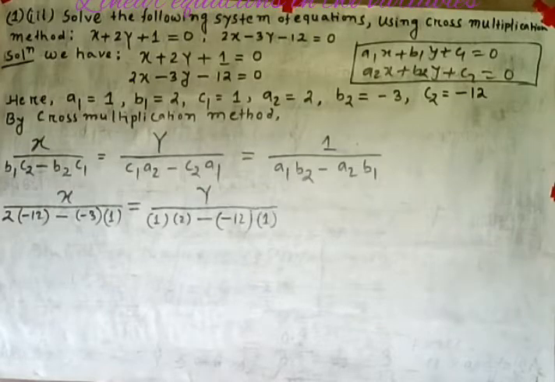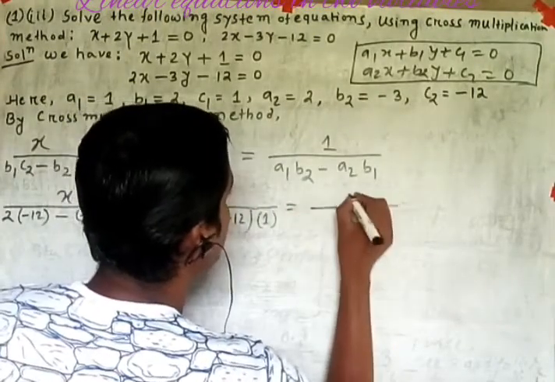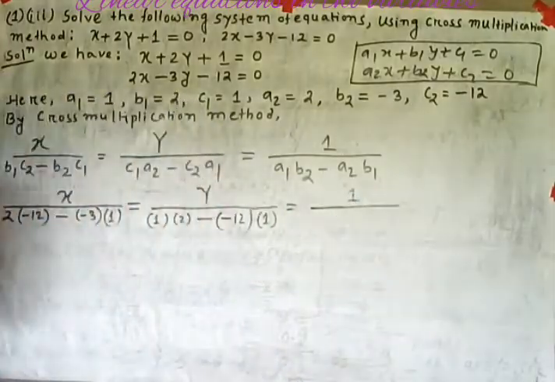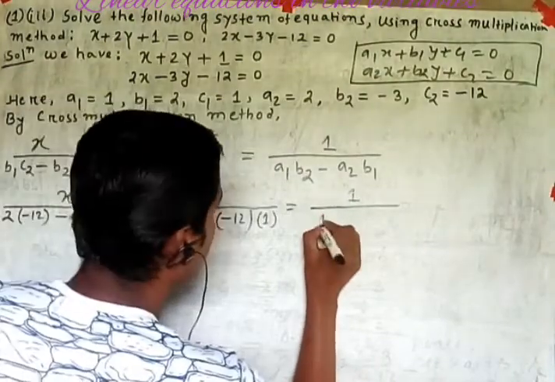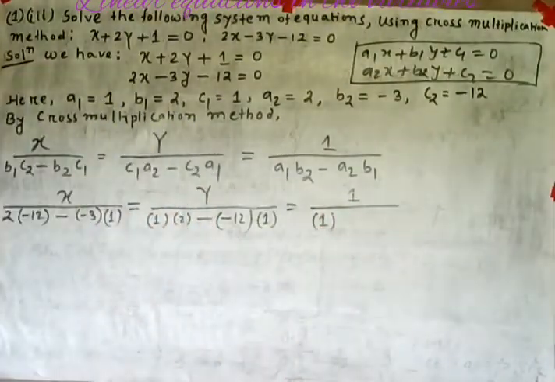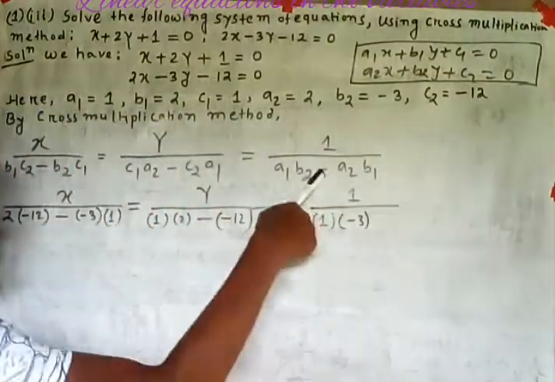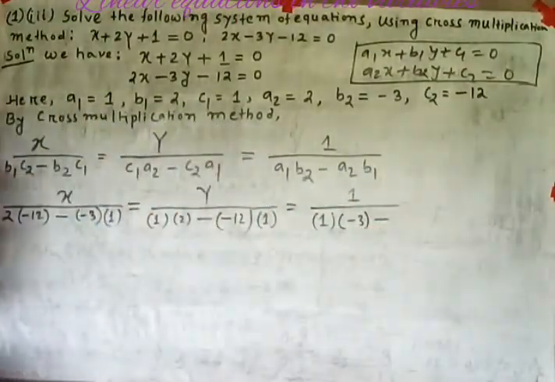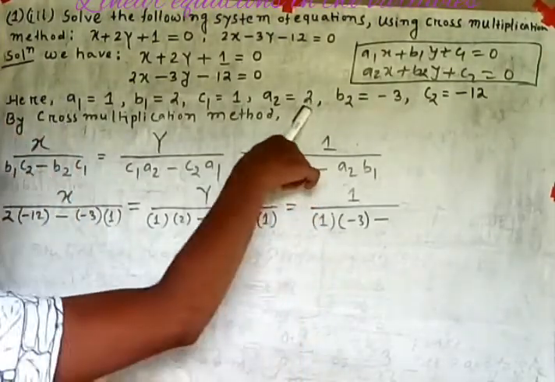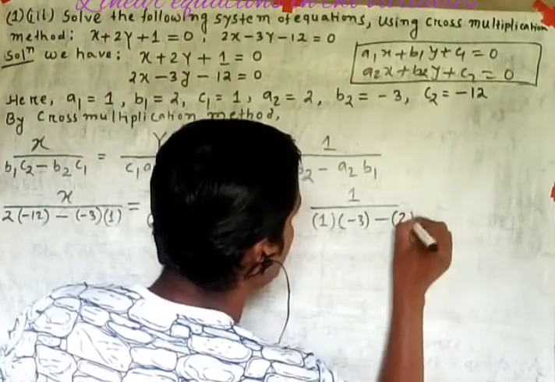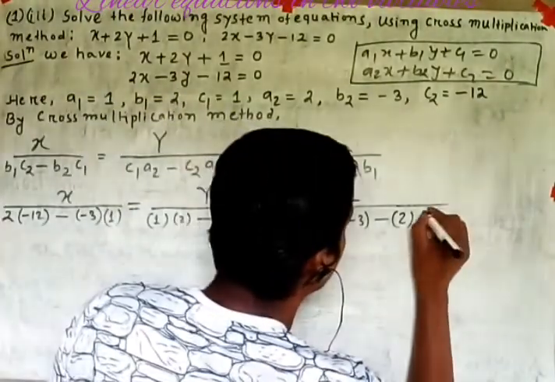This is equal to, next one, 1 divided by a1 b2. The a1 value is 1, and the b2 value is minus 3. Then minus a2 into b1: a2 is 2, and b1 is again 2.